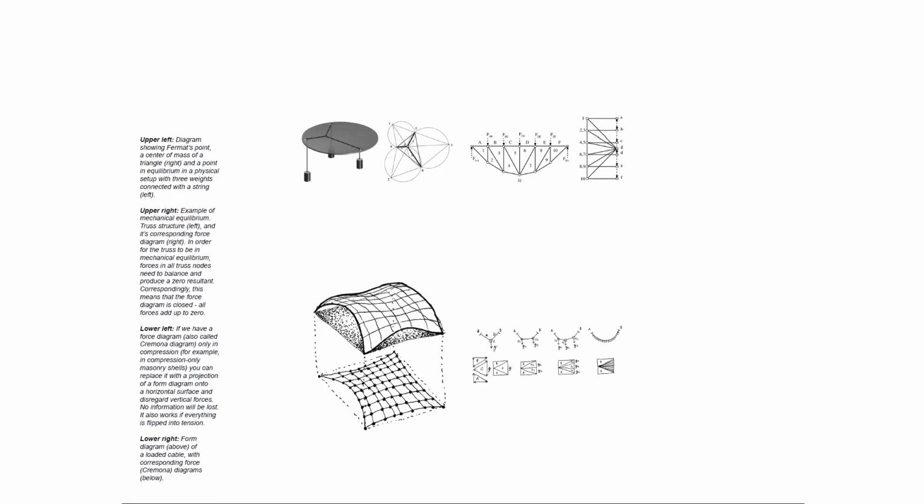So this is in a sense cutting-edge research, and I guess there are some researchers I know in the US who extend this to the spatial case. So you can look at really spatial frames and look at their force diagrams, which are then polyhedra.